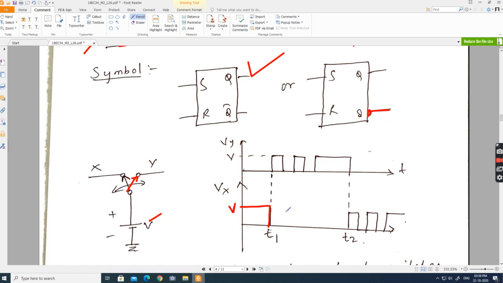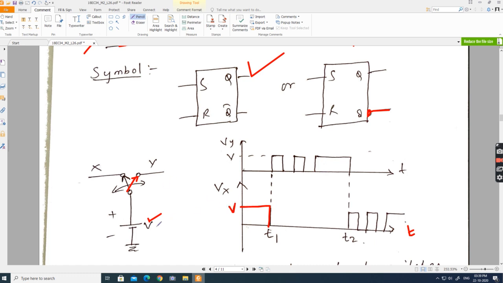At time t1, say initially the switch is at node X. X has the voltage supply V, so this is my time versus voltage graph. The voltage appearing on node X will be Vx. I am writing Vx on the y axis, and the time axis is the x axis. What will be the output voltage of node X initially?